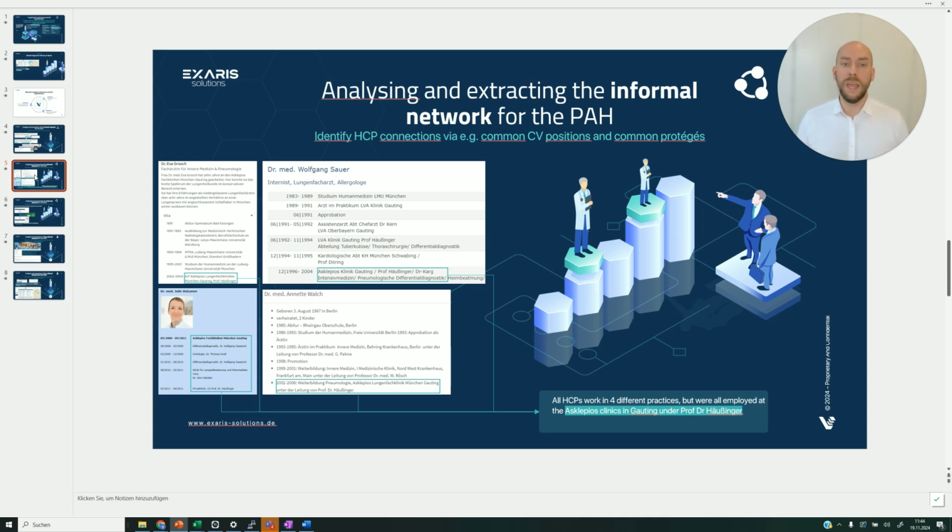And this is a new way to view the HCP network.